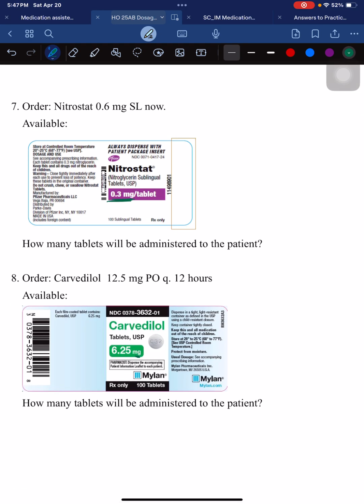Okay, same thing with this one here. The order is in mg, the box gives you mg. So you write the doctor's order first, 0.6 mg. And then you would divide it by 0.3 mg, which also gives you 2 tablets.